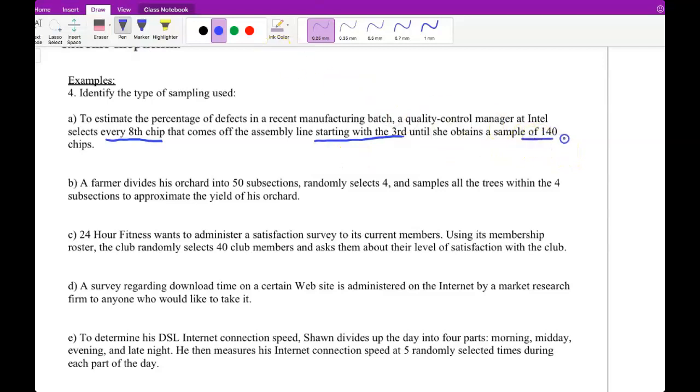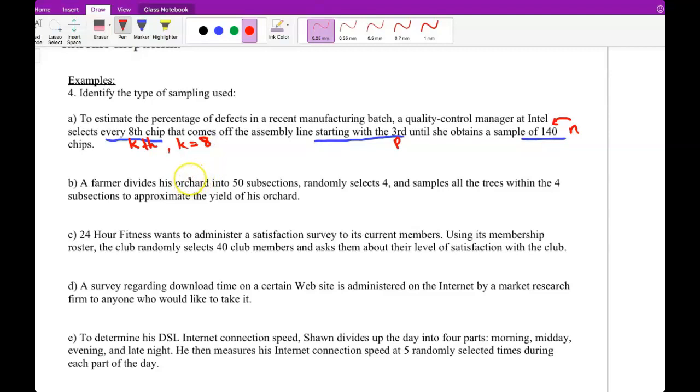What is that? We already know what the sample size is. That is our sample size. The starting point is third, so this is our P. And select every 8th, so that is K. Our K is equal to 8.